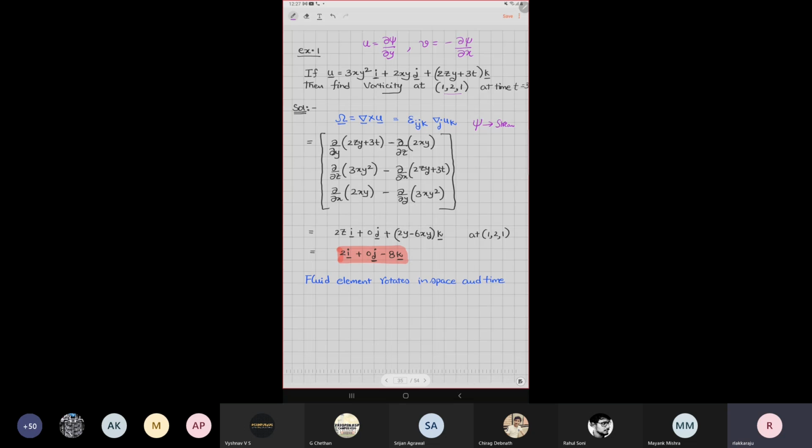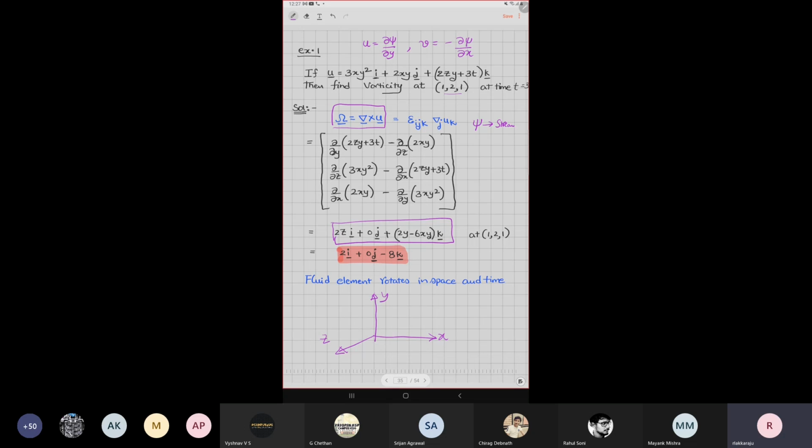However, if you bring this concept named vorticity, it tells you, hey, you calculate curl of u. And at the end of the day, I'm going to get this function 2z plus 0j, 2y minus 6xy. And what I'm going to do is take the x coordinate, y coordinate, and z coordinate.